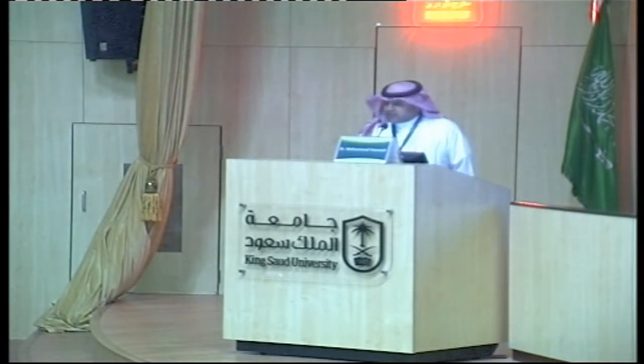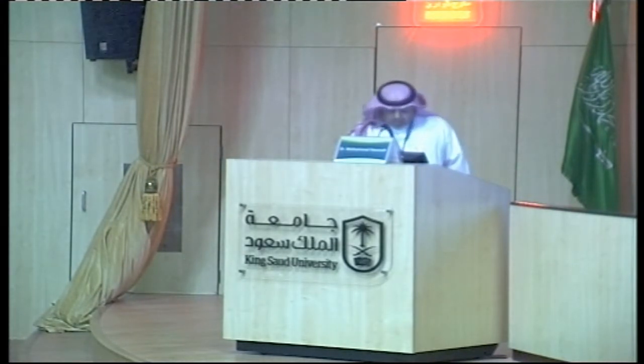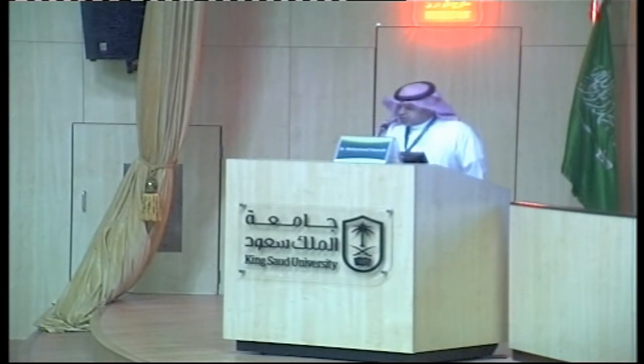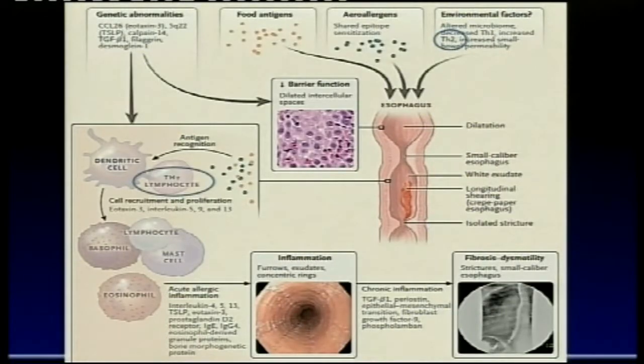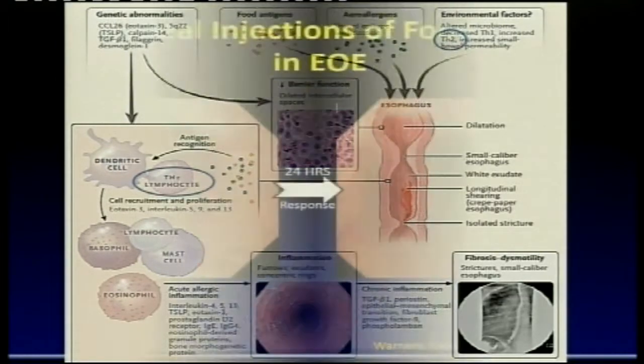And in this cartoon, it demonstrates how the food allergen and aeroallergen trigger the barrier function, leading to recruitment of eotaxin-3 and interleukin 13, leading to acute inflammation and chronic inflammation. A very interesting finding is that some gene abnormalities trigger barrier dysfunction.